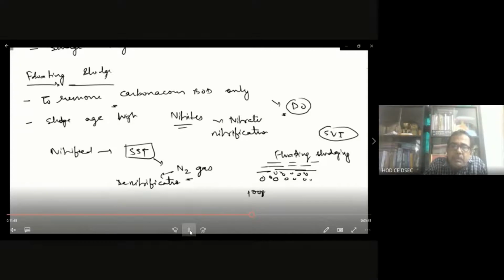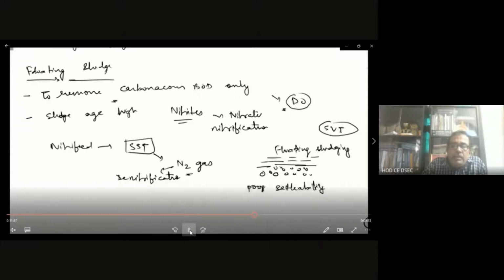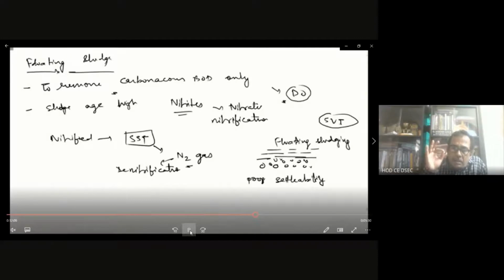So how to solve this problem? If you maintain the optimum dissolved oxygen, then this problem can be avoided, so that denitrification does not happen, nitrogen gas will not be evolved, and in that condition the floating sludge can be prevented.